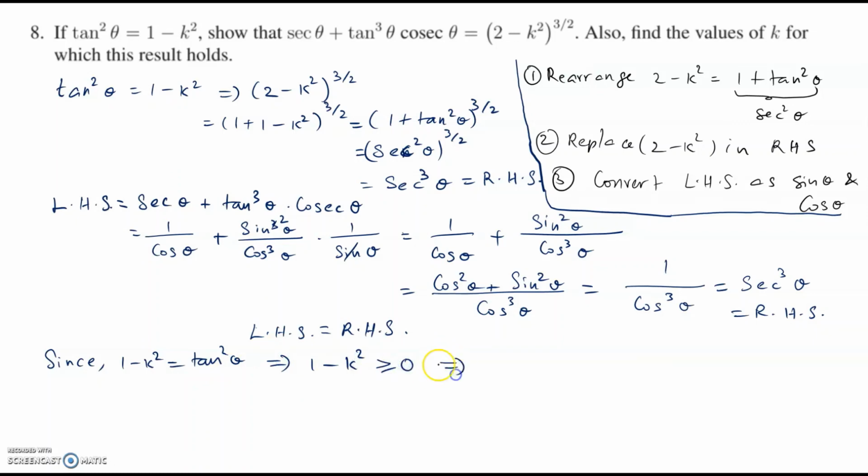So this implies 1 is greater than or equal to k², or k² is less than or equal to 1. So this would mean that our value k can be between -1 and 1. So that's the value of k.